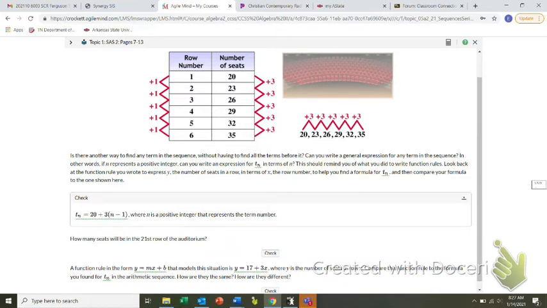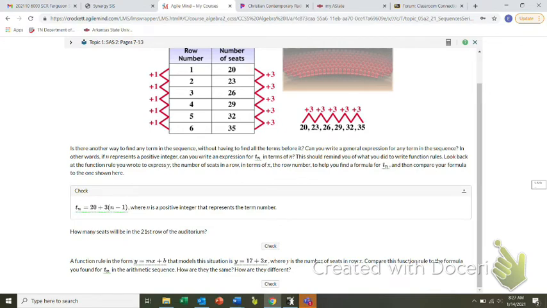No big deal. All right, so now it wants to know how many seats will be in the 21st row. All right, so 21 is our n. So we're looking for f of 21.